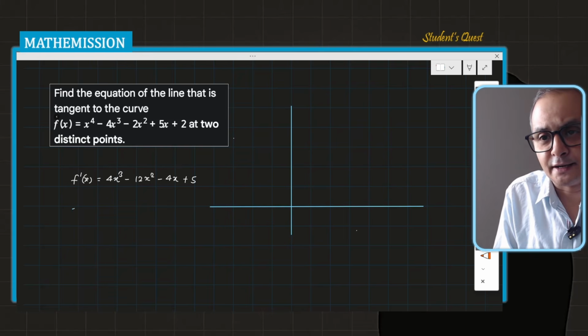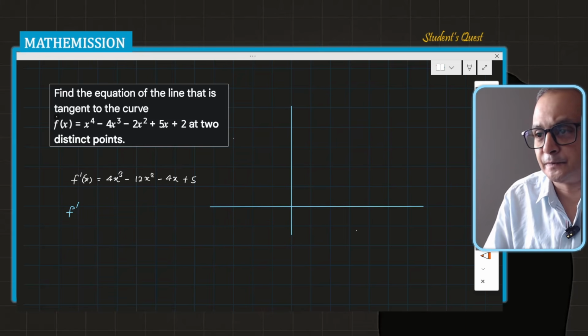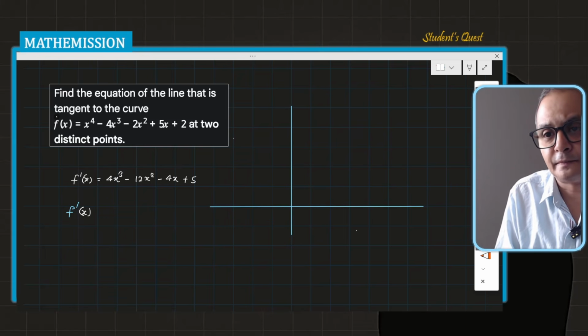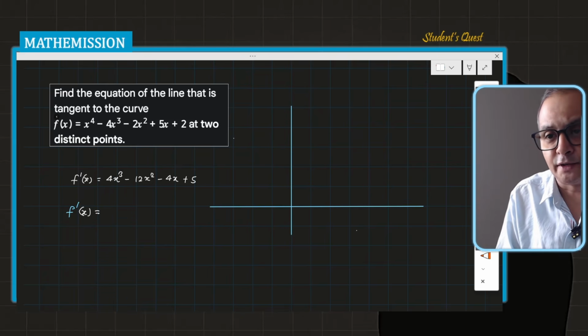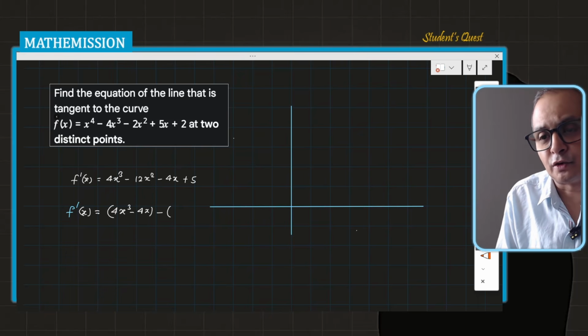So f dash x here, these two I can take common. What these two can I take common? 4x cube minus 4x, I can just make it 4x cube minus 4x here, and then I can write minus of 12x square minus 5.